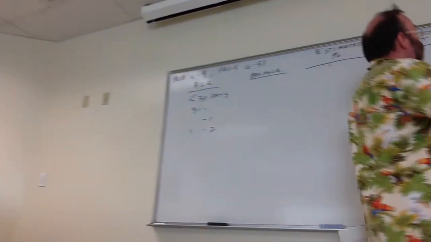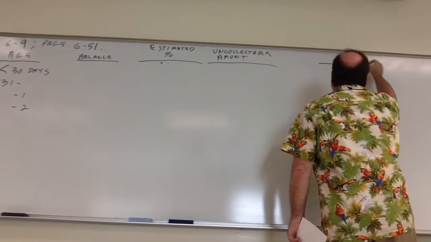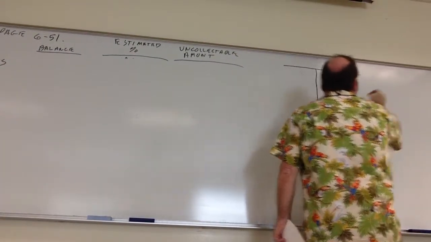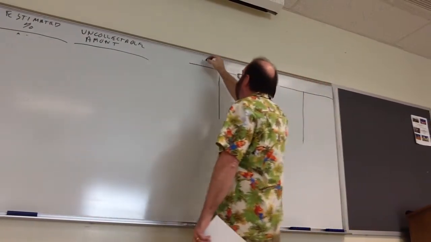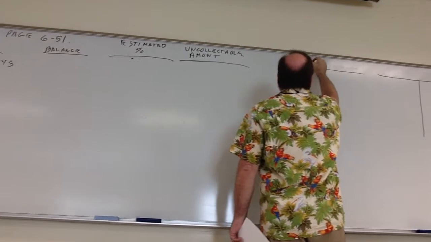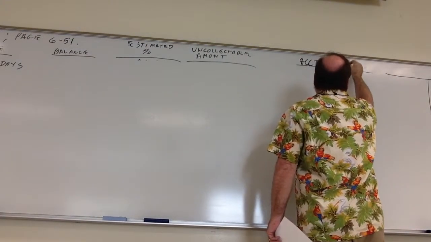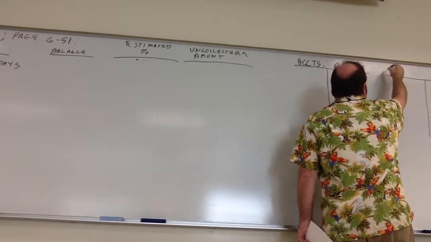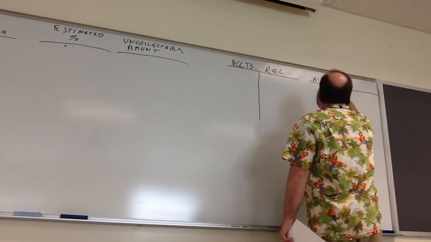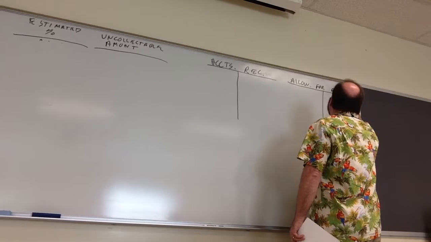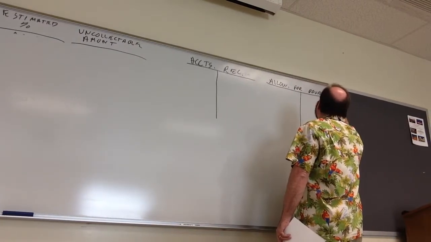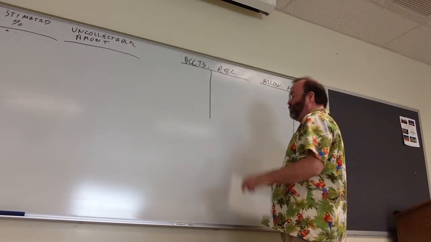So the first thing we need to do is create a couple of T accounts. We have accounts receivable and the allowance for doubtful accounts.